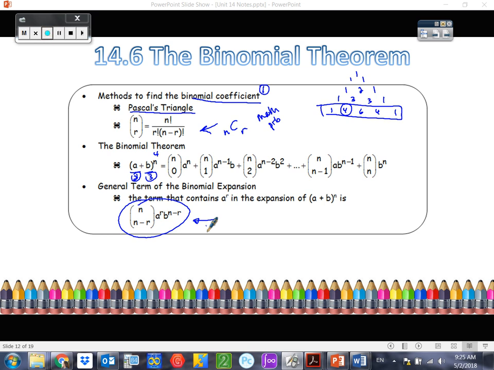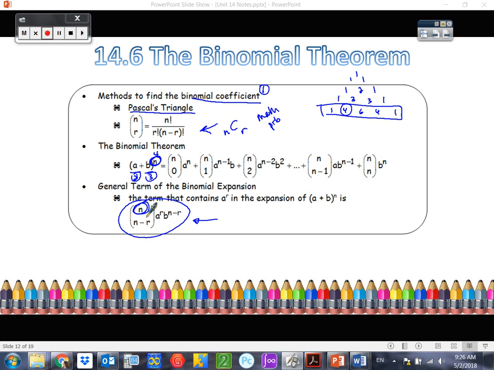So let's talk about it. n refers to what you're raising it to. R, in the most simplistic of cases, refers to the term number. That's the most simplistic of cases. Of course, we have one that's not going to do that, but I'm going to go over this particular formula in detail, and we have two problems that use this formula.